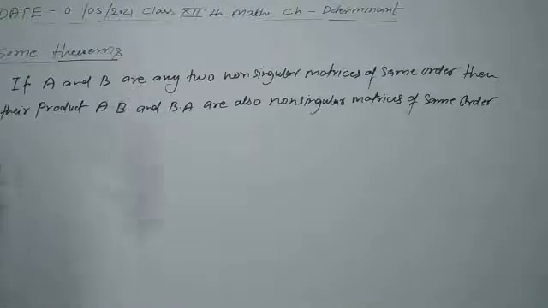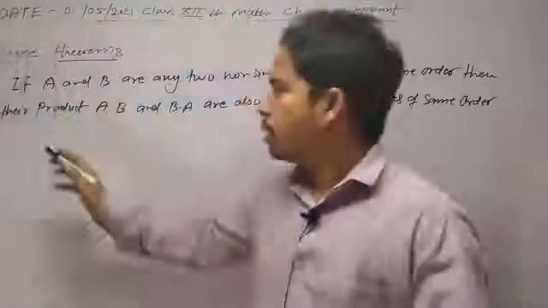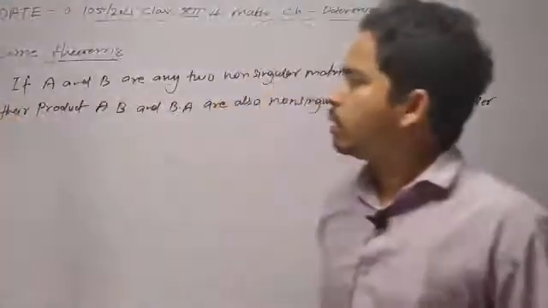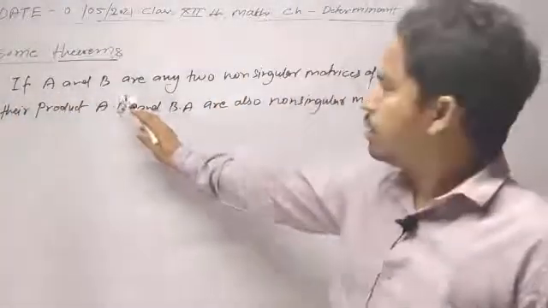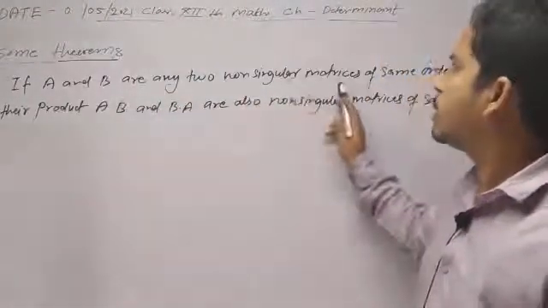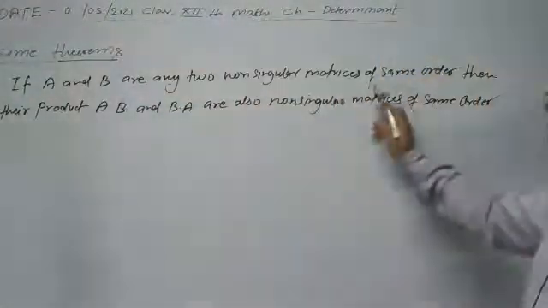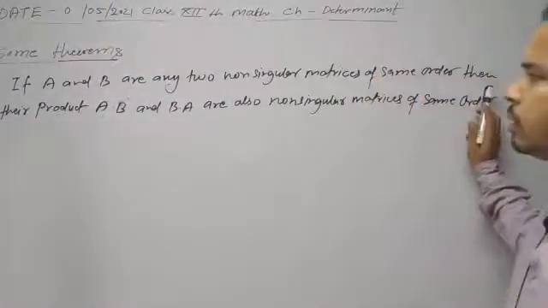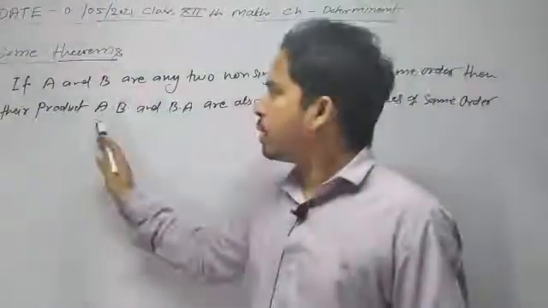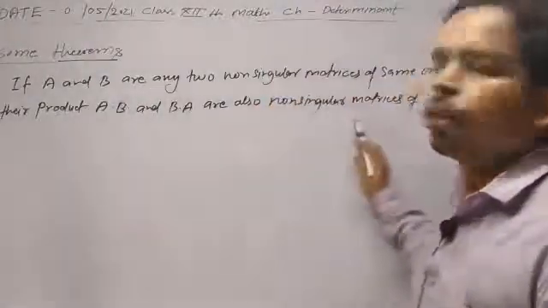Now students, let us start theorem number 2. In theorem number 2, it is given that A and B are two non-singular matrices of the same order. Then we have to prove their products AB and BA are also non-singular.